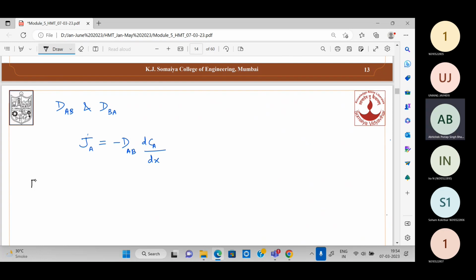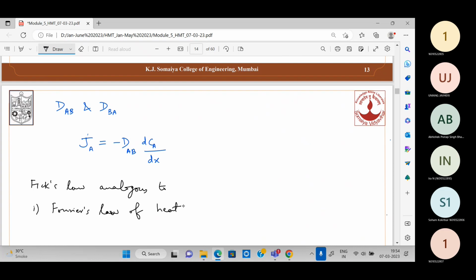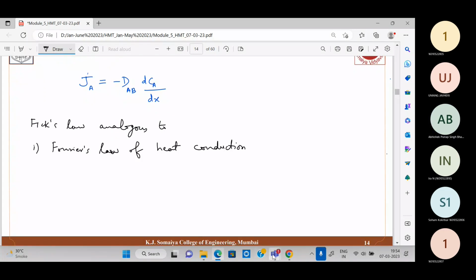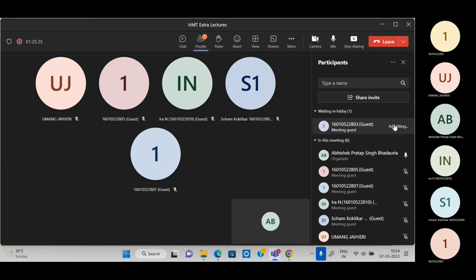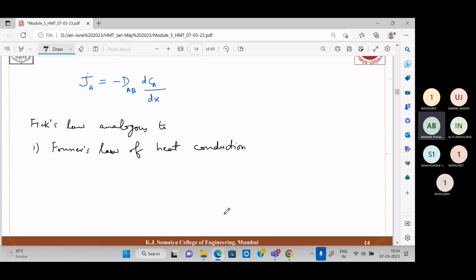The first one is Fourier's law of heat conduction, and the second one is Newton's law of viscosity.